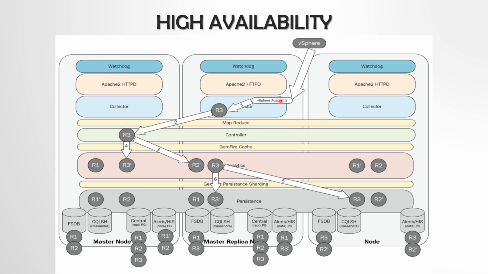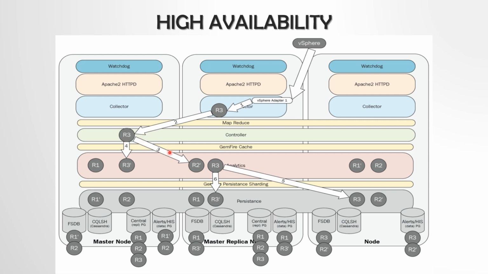So the collector is receiving the information of the object, that is its metrics and its properties, and after that it is going to create a new object, that is, it is going to send the information about it to one of the nodes' controllers. Here I'm considering the object name is R3, and its information is being sent to the controller of the master node, that is this one.